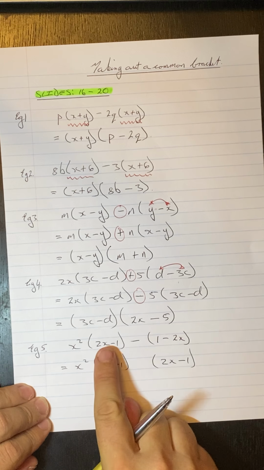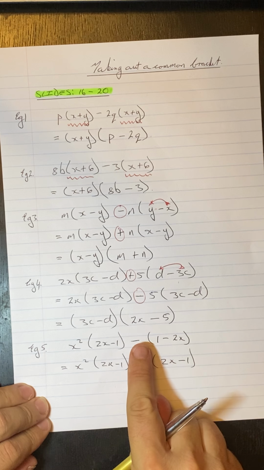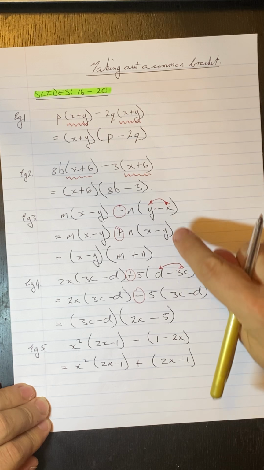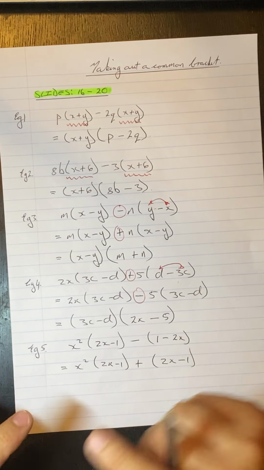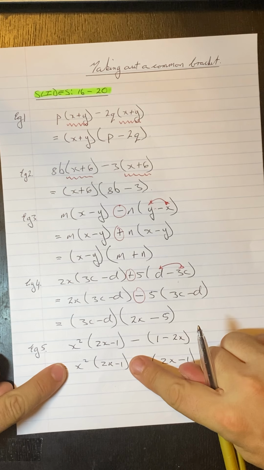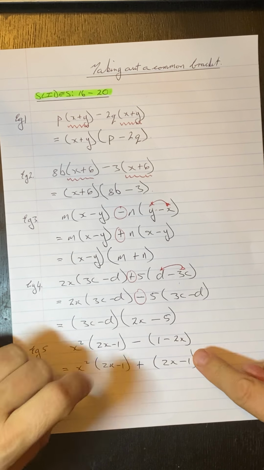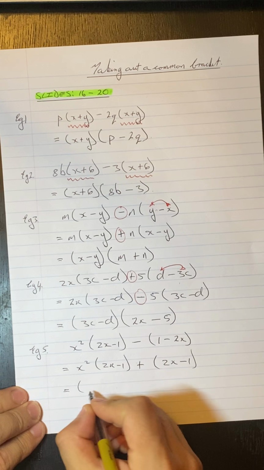So now that I've flipped this one to make it look like this one, remember that this sign must change as soon as I do that flip, just like these previous two over here. So we have two terms here. There's our first term, separated by the plus. There's our second term. I'm now going to take it out as a common factor.